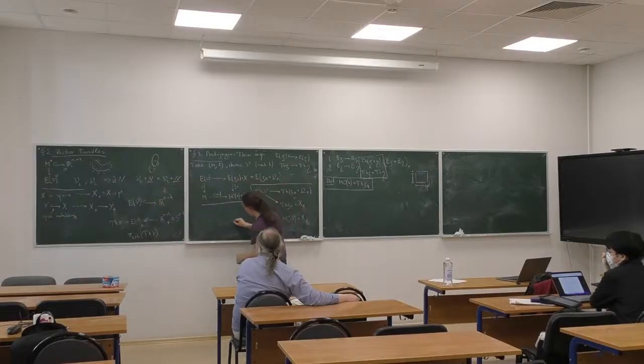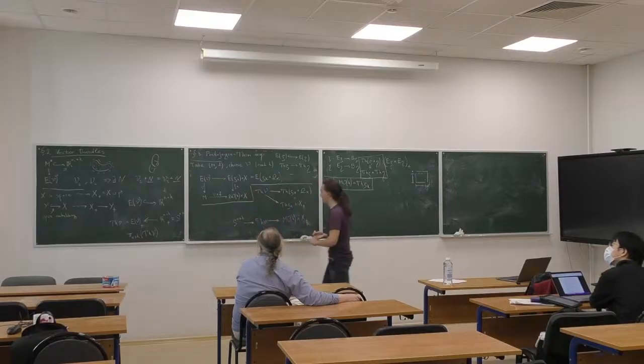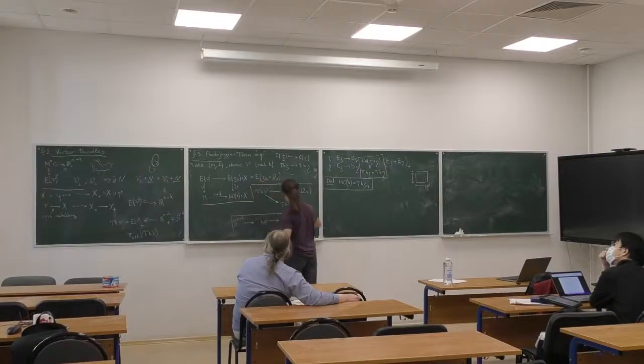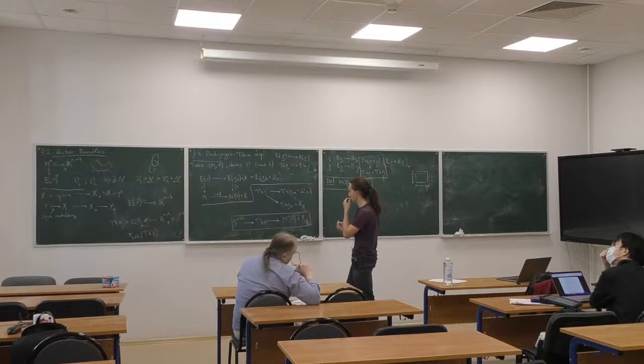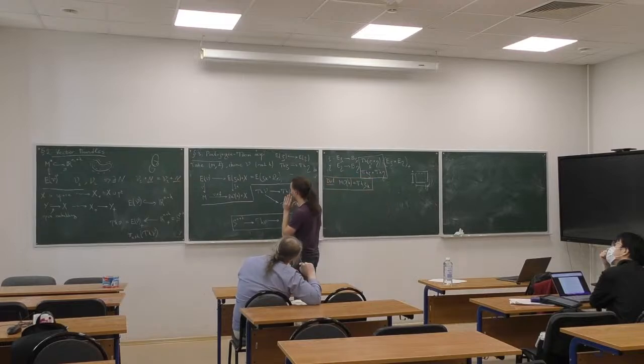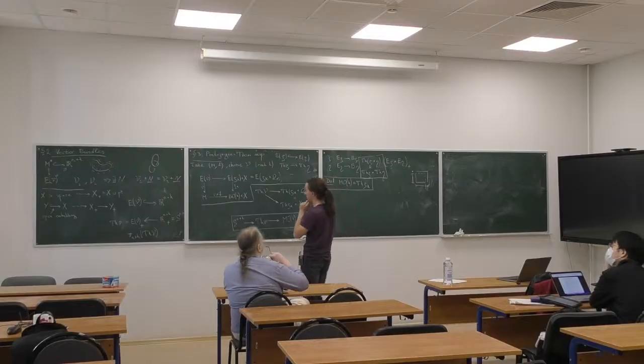So we get a map from S^{n+k} here. This diagram is the end result of all of this diagram construction. And what does it say?